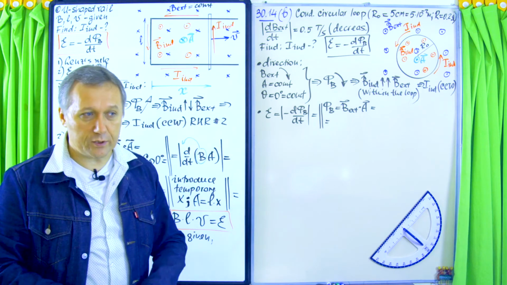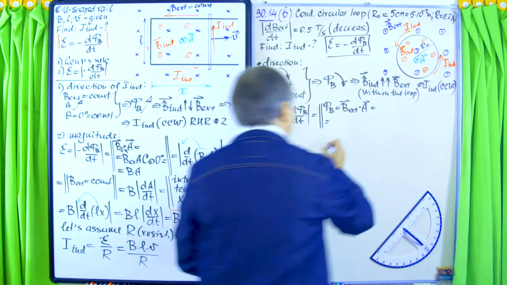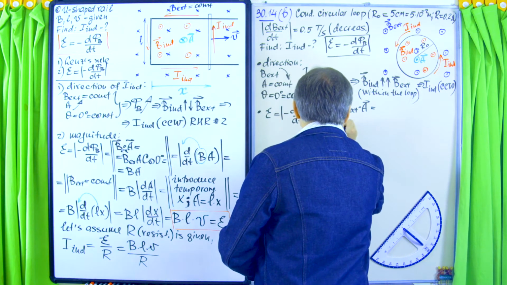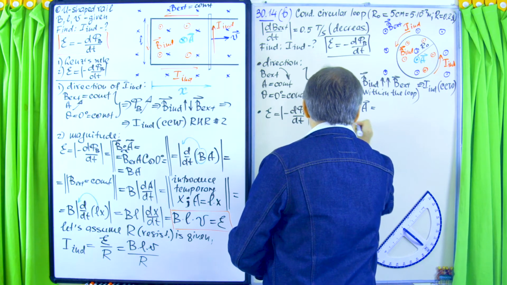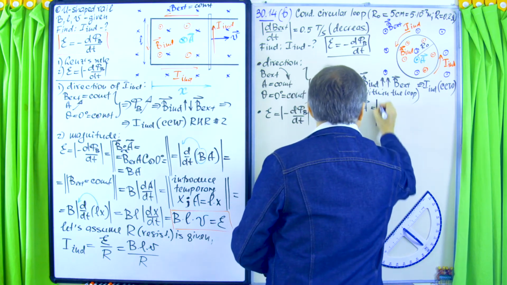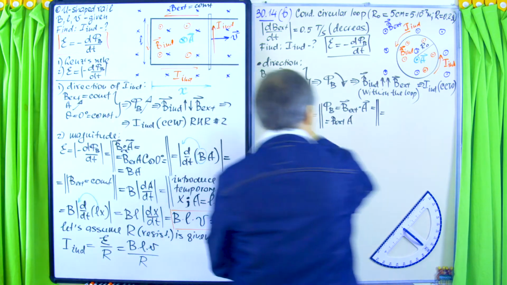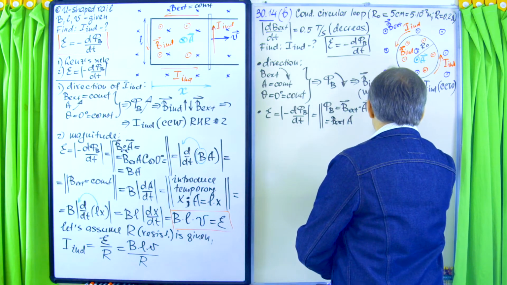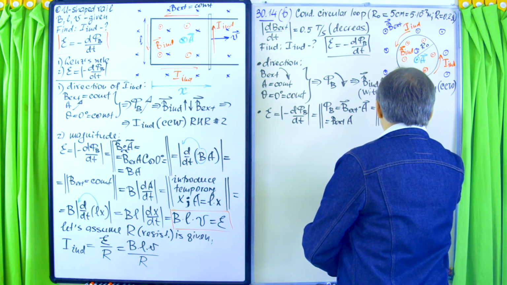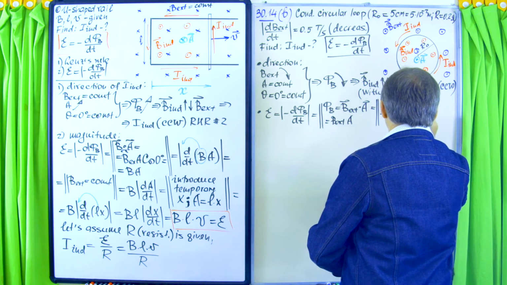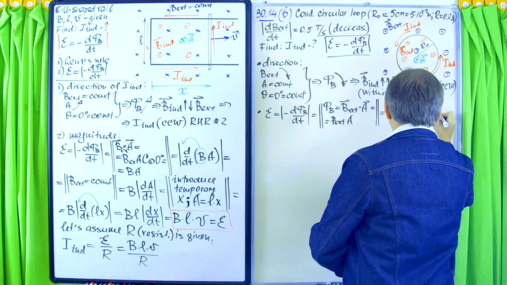Cosine of 0 degrees is 1, so it will be B external times A, right? So let me close this explanation. And of course, minus I will drop. It will be d over dt of B external times A.